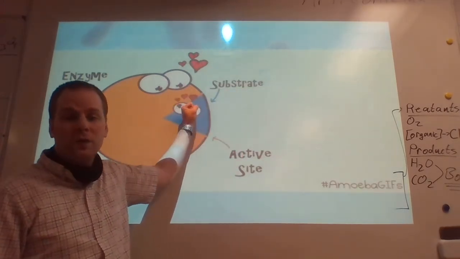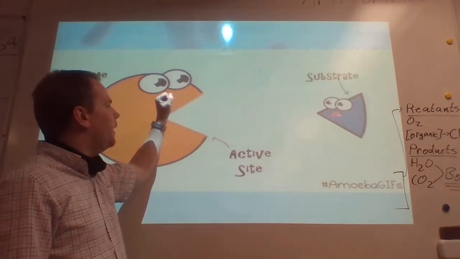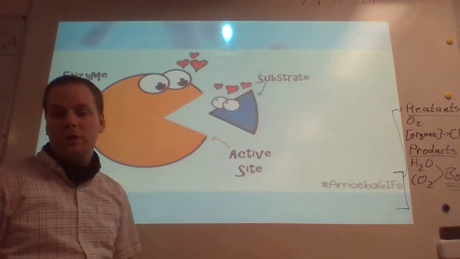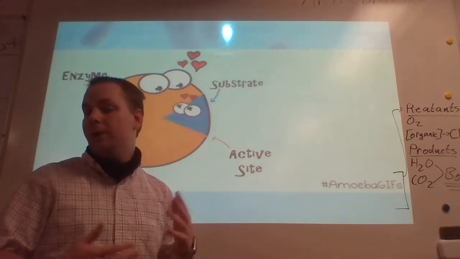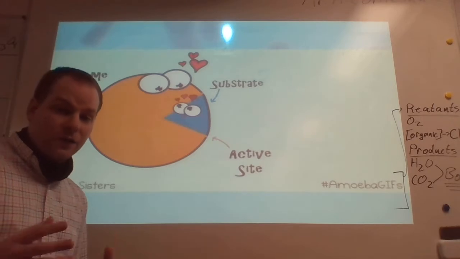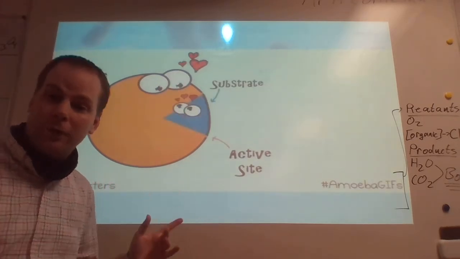And that location is called the activation site. Sorry, the active site. The active site is where the substrate bonds to the enzyme so that the enzyme can do what it needs to, whether that be building it up or breaking it down. Okay, and the next slide says everything that I just said, so I will scroll to that next.